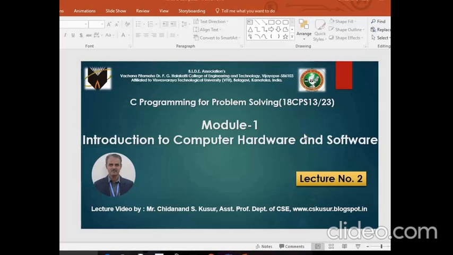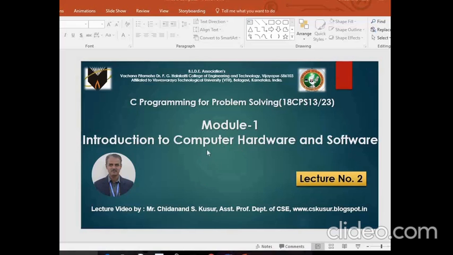What is the title of module number 1? You can see the title of module number 1 here. Introduction to computer hardware, introduction to computer software. That means in this module we learn what is computer first. Then we discuss components of computers. Then we discuss features and applications of computers.